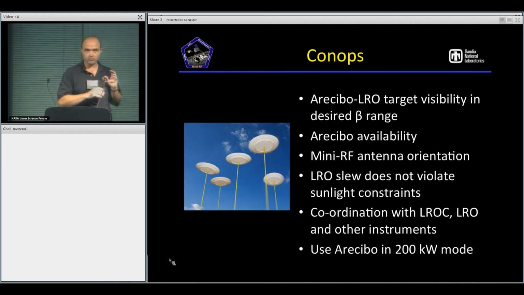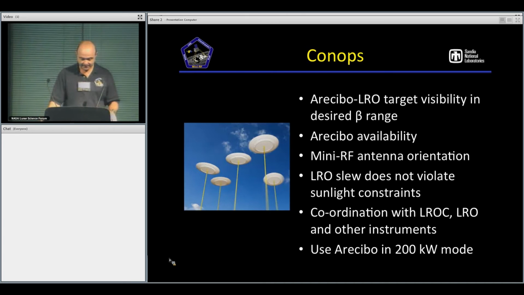So there are constraints on the way that we point. We also try to come up with a slew mechanism that can get LRO onto target in the right orientation without violating the sun constraints. I wouldn't want to go and see Mark Robertson and have to explain we pointed LROC at the sun, and neither would you.